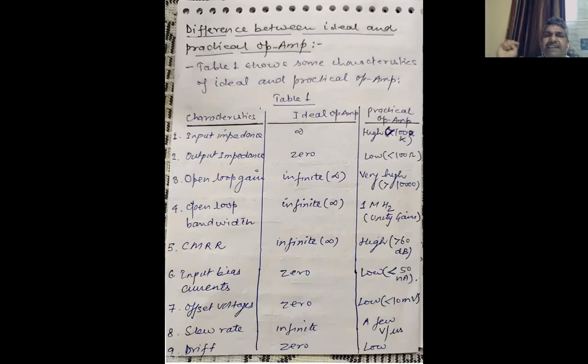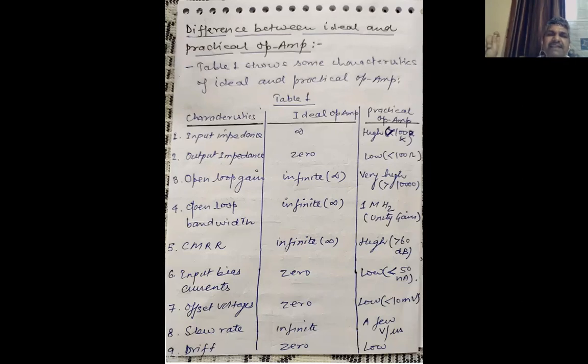The first characteristic is input impedance. In the ideal case, it should be infinity, but practically it is very high, of the order of greater than 100K. In the case of the µA741, the value is 1 megaohm.